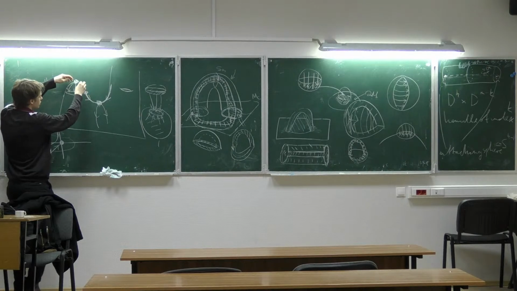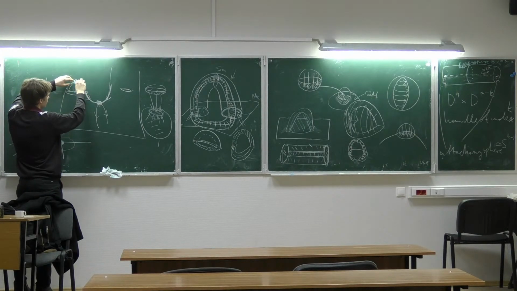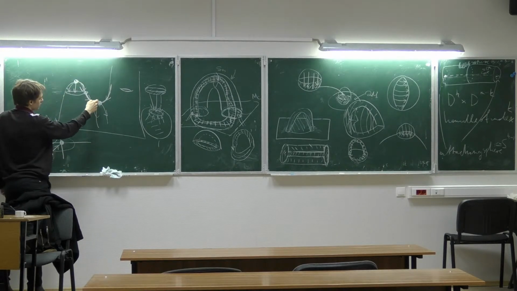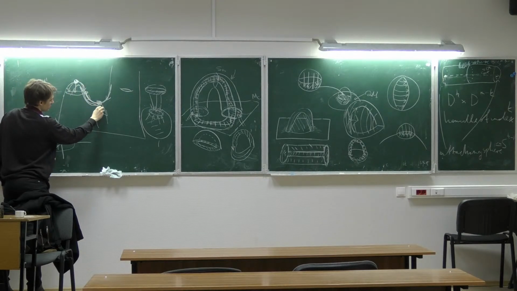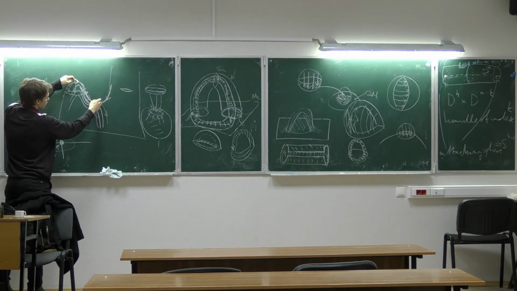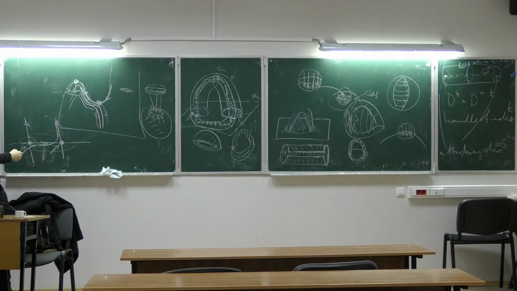So instead of keeping this flow, you are trying to go nearby it and just start flowing downstairs without accumulating in these points.